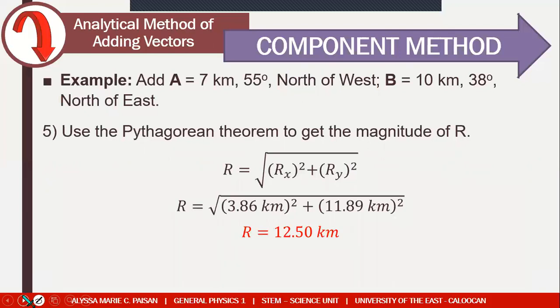Step number 5, use the Pythagorean theorem to get the magnitude of R. Just like what we did with the Pythagorean theorem used as an analytical method of adding vectors. But this time, instead of a squared and b squared, we will use the x component of the resultant, or r sub x, and then the y component of the resultant, which is r sub y.